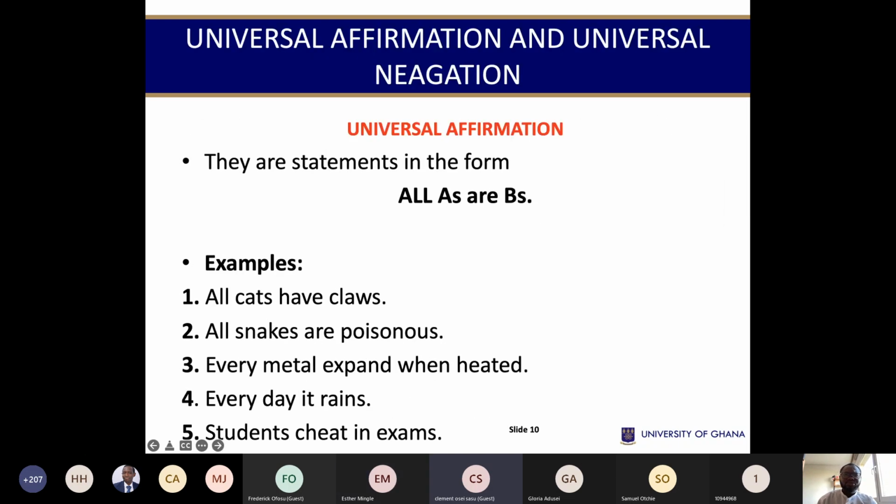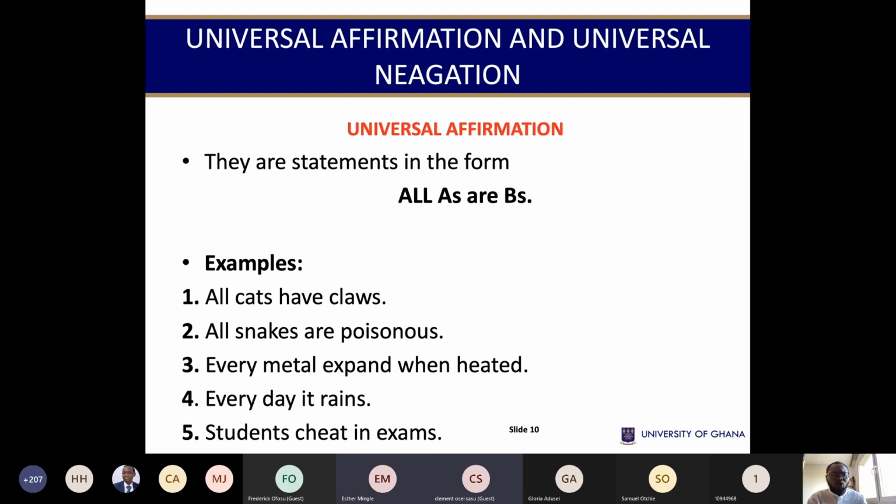Universal affirmation and universal negation. When we say universal affirmation, it means that you are making a general proclamation, or you are confirming something generally. And when you confirm something generally, it means you use expressions like all, you understand?